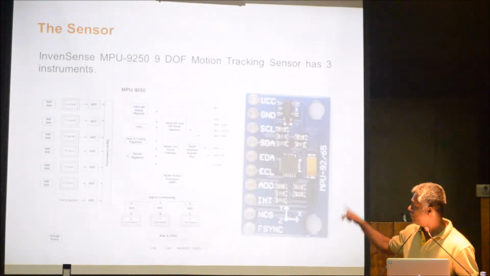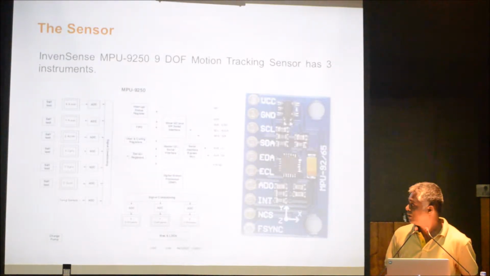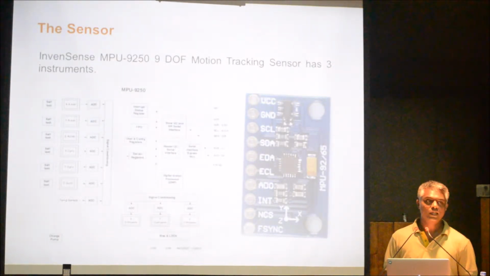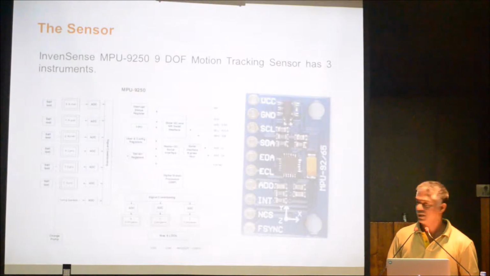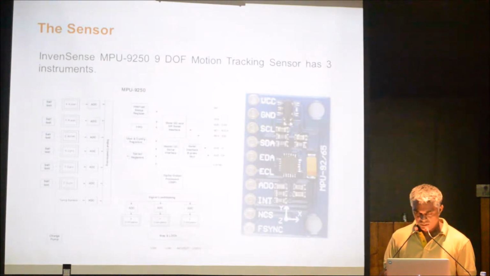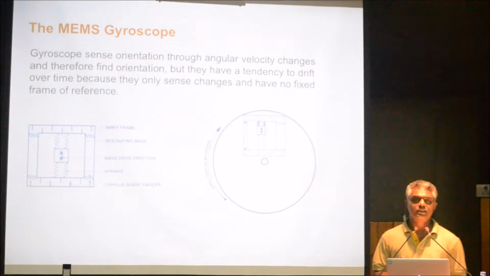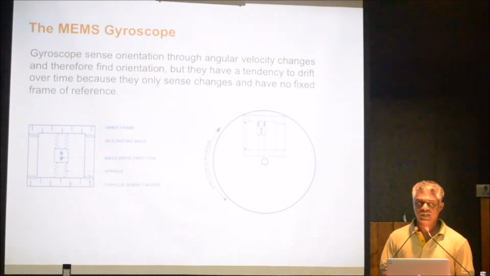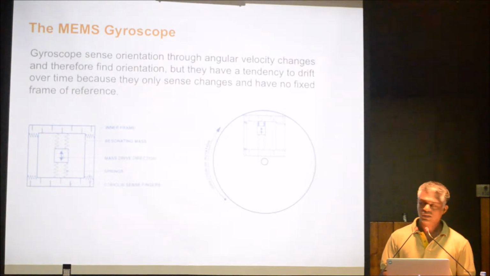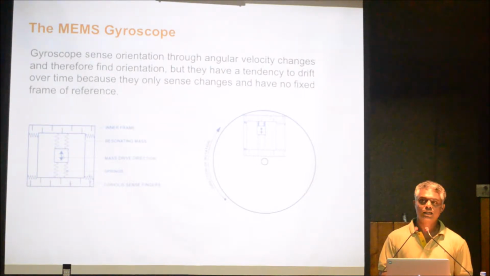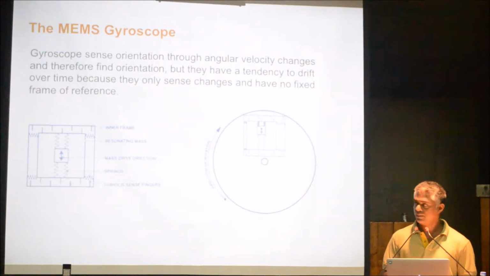This is the diagram of the MPU 9250, and we have 11 degrees of freedom motion tracking devices. This is a 9 axis chip. In order to understand how this sensor fusion happens, we need to understand how these sensors are made. As I said earlier, the MPU 9250 is made up of 3 sensors.